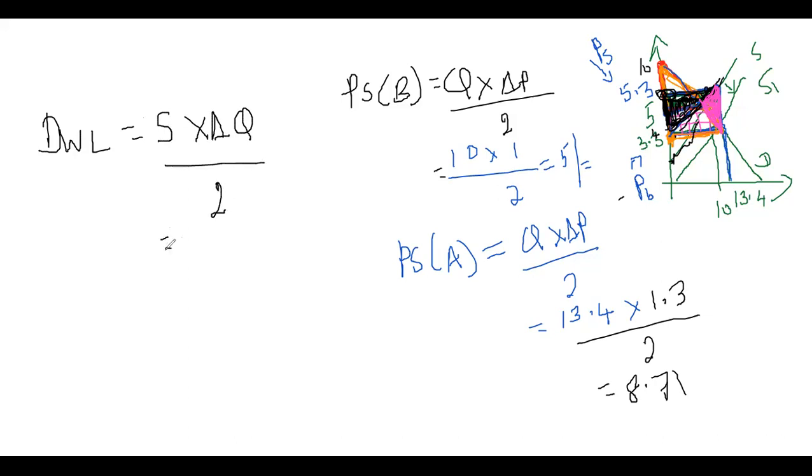The unit subsidy is 2, and the change in quantity is 3.4, because quantity increased from 10 to 13.4, over 2. So the dead weight loss is 3 rupees and 40 cents.